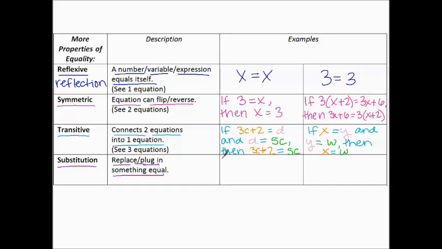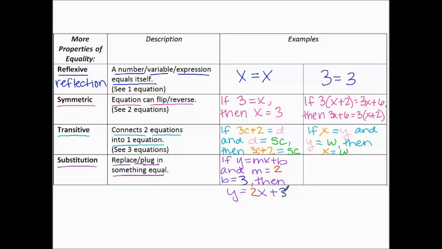So an example of that would be if y equals mx plus b, and m is equal to 2, and let's say b is equal to 3, then y is equal to 2x plus 3.